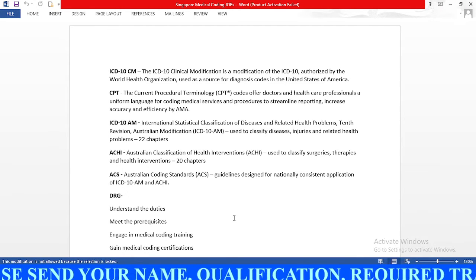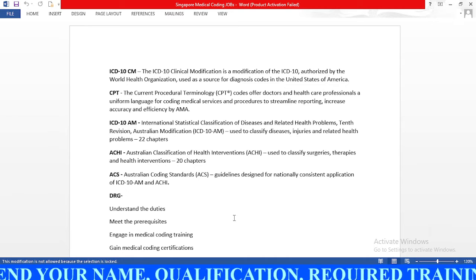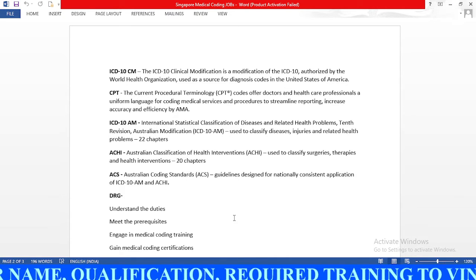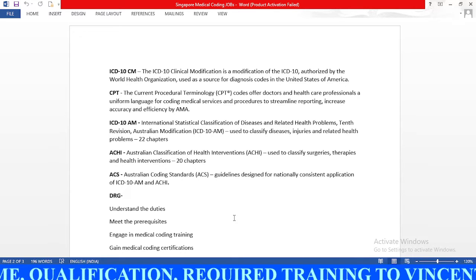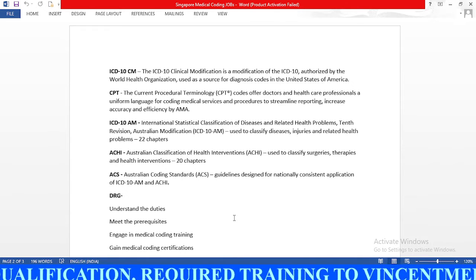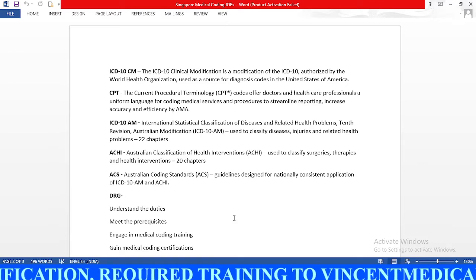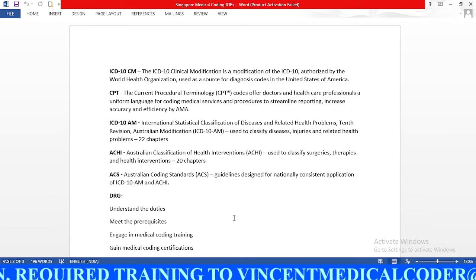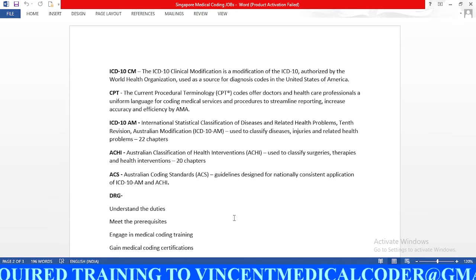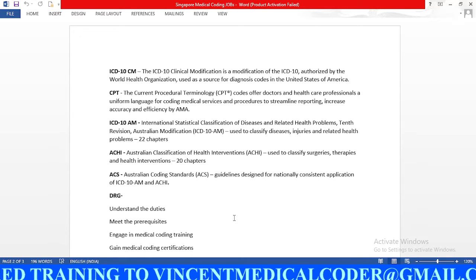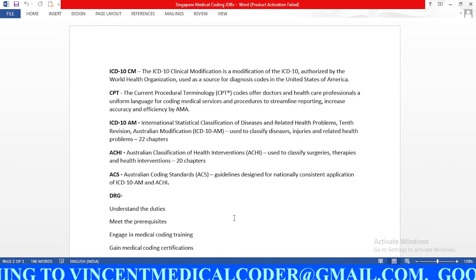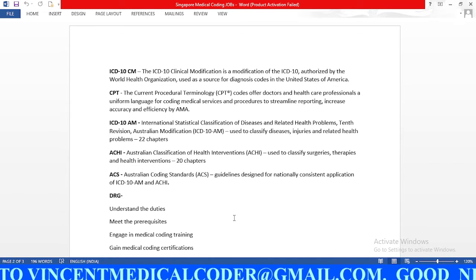Next one is ICD-10-AM, the International Statistical Classification of Diseases and Related Health Problems, 10th revision, Australian Modification. Currently ICD-10-AM is in its 12th revision. It is used for classifying diseases, injuries, and related health problems.